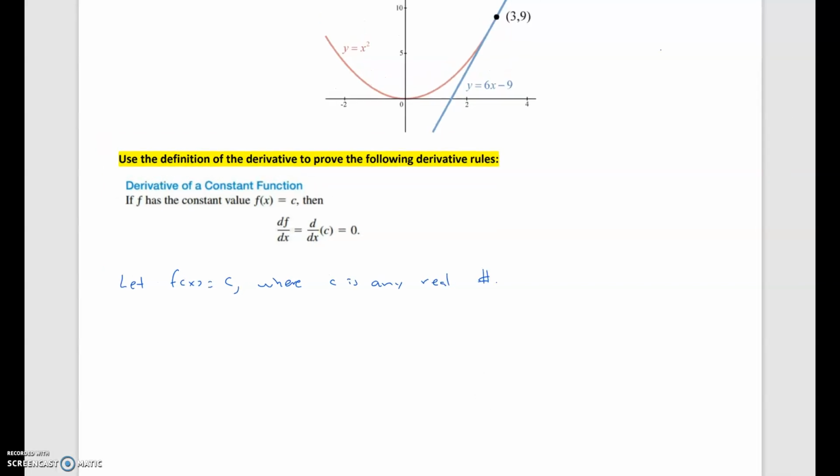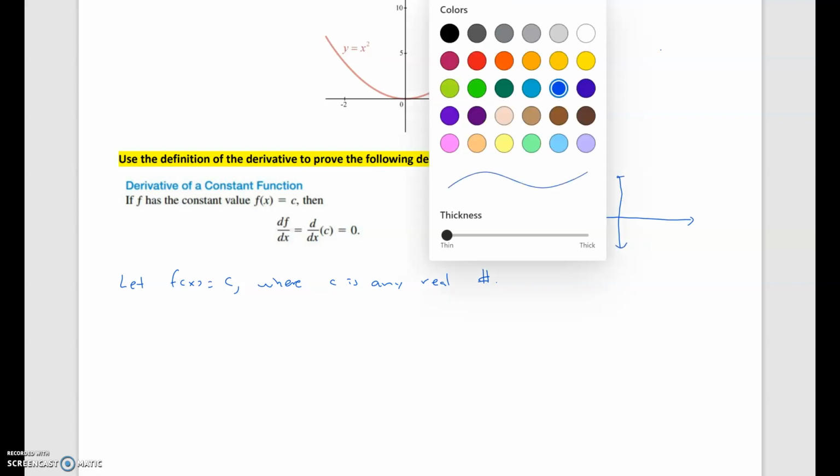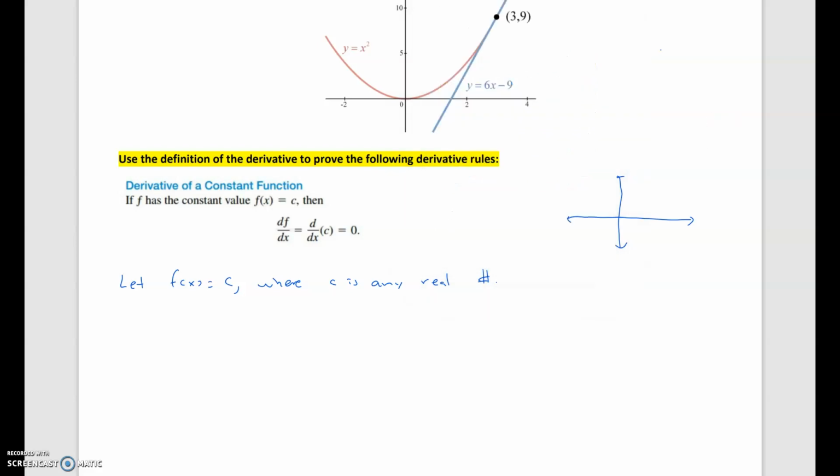Keep in mind that in the background, any constant function is basically a horizontal line. The slope of a horizontal line is equal to 0. So this is y equal to f of x, which is c.